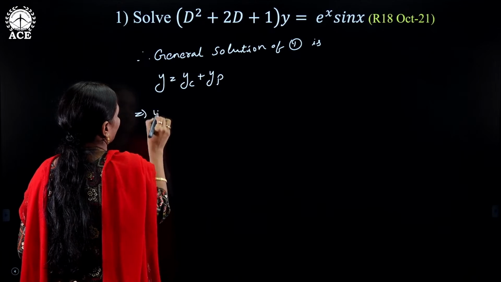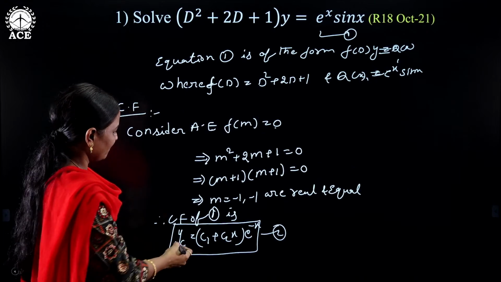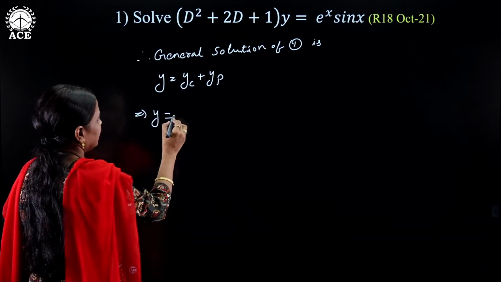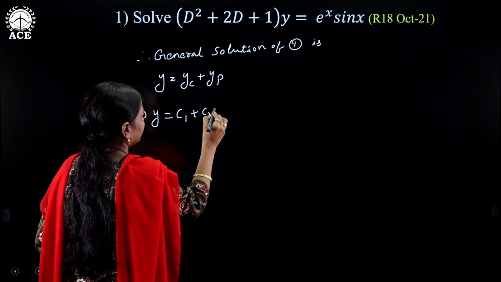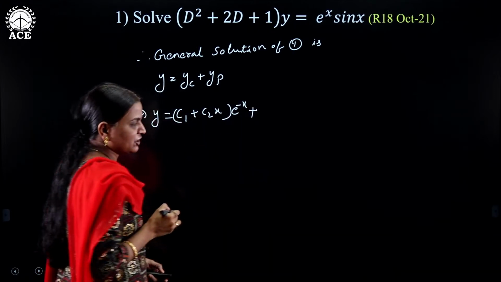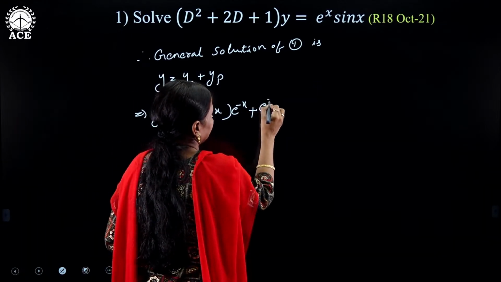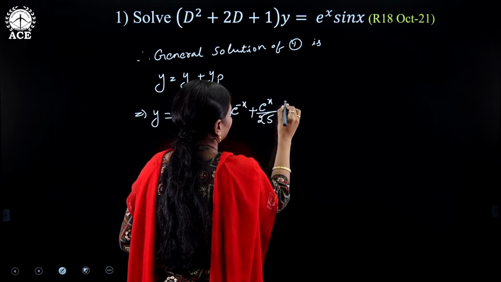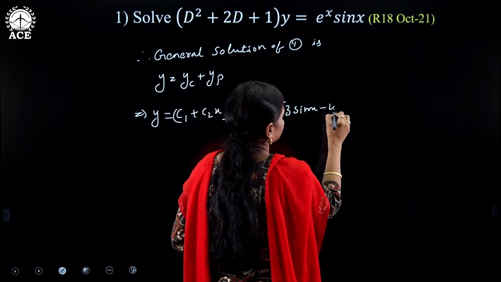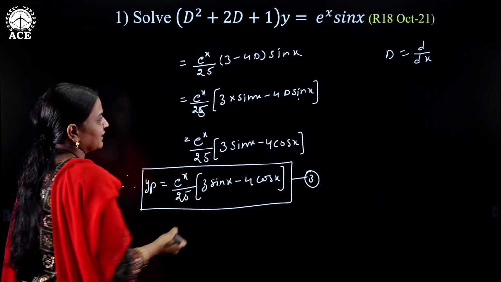So that implies y is equal to yc plus yp. What is the yc? From equation 2, yc is equal to c1 plus c2x into e power minus x, plus, from equation 3, yp, which is e power x by 25 into 3 sin x minus 4 cos x.